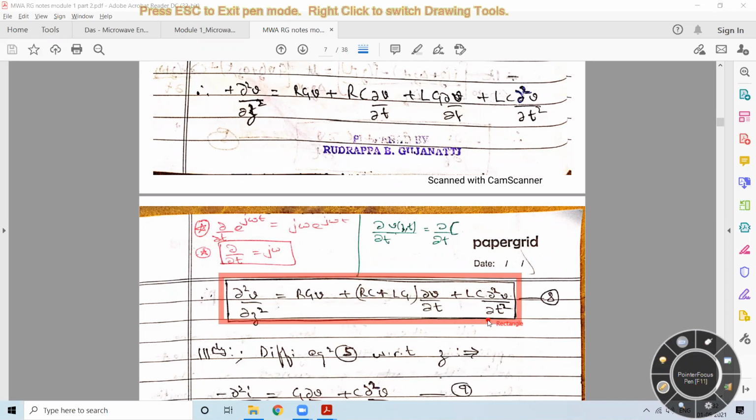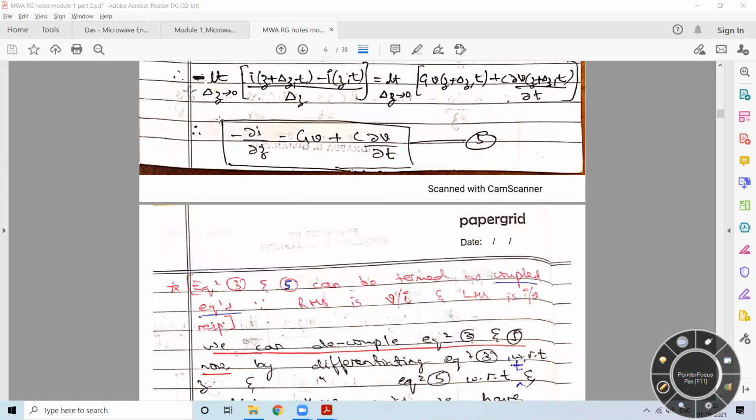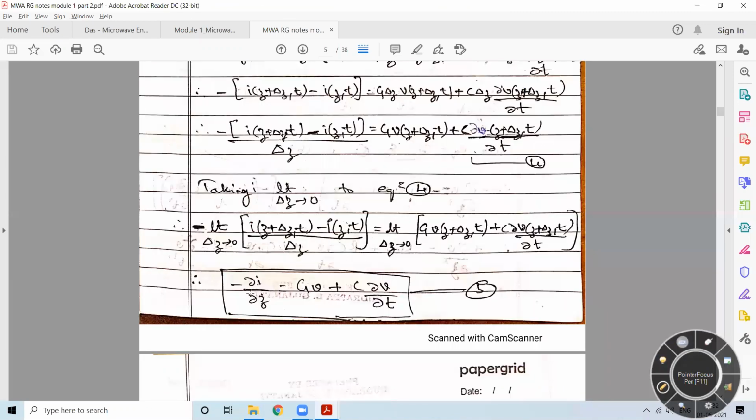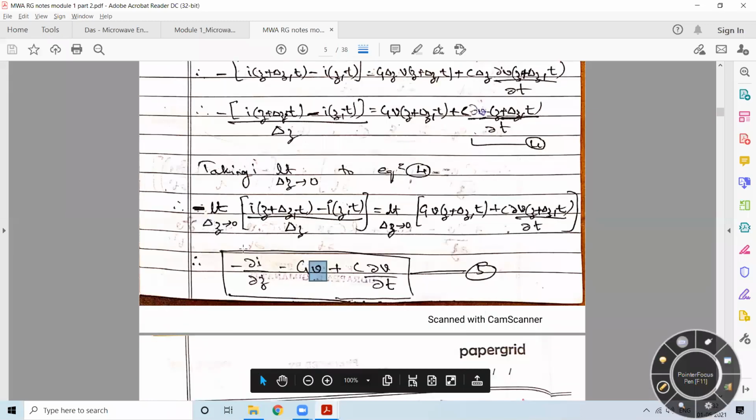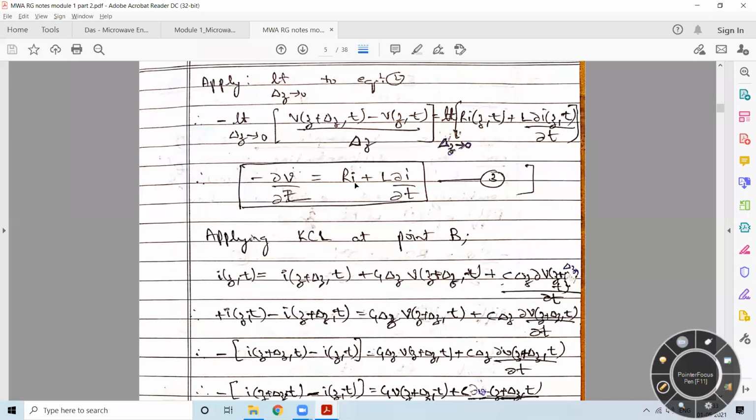Now when I apply the same concept to this equation, that is, here we have V. So first obtain dou V by dou Z, because we know what is dou V by dou Z. So once you obtain that equation, again apply dou I by dou Z. This entire thing again you differentiate with respect to dou T. You will be having dou square V by dou Z dou T, which will be given by R into dou I by dou T plus L into dou square I by dou T square.